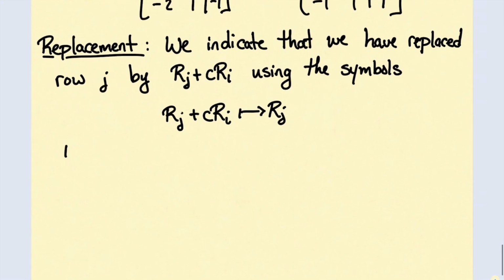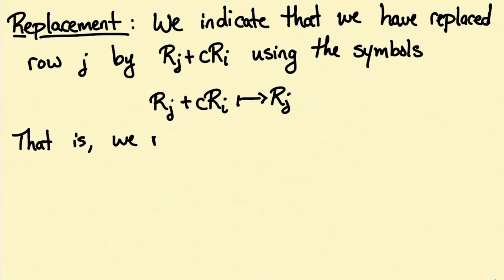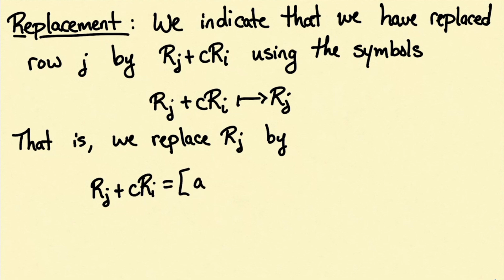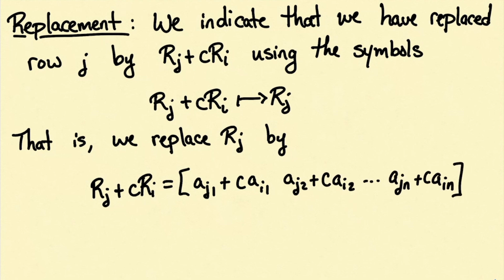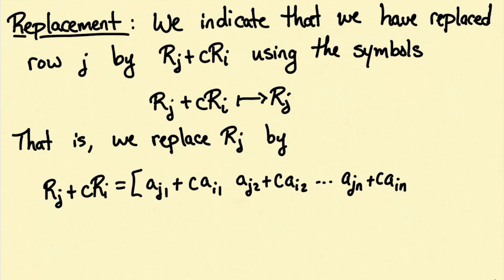That is, we replace row j by the row whose entries are aj1 plus cai1, aj2 plus cai2, all the way down to ajn plus cain, and in the augmentation column, bj plus cbi. So let's work an example to get a good feel for how this works.